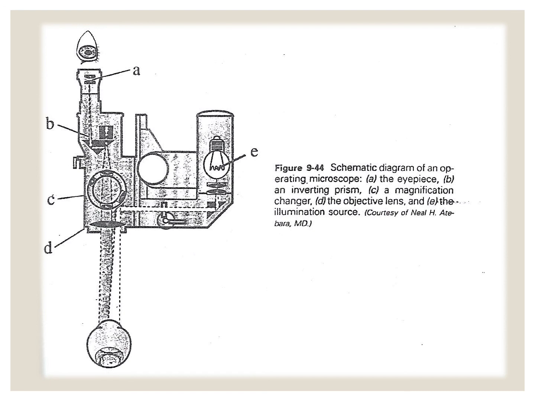This is a schematic drawing of the operating microscope, which is composed of the eyepiece, and as we said, the eyepiece is like an astronomical telescope that is going to form an inverted magnified image.